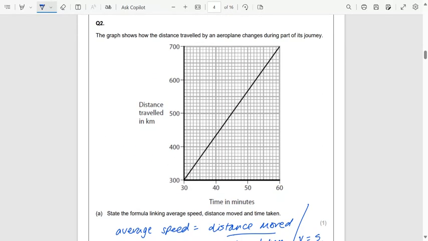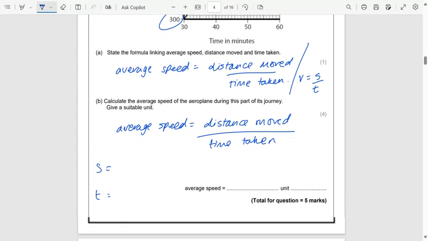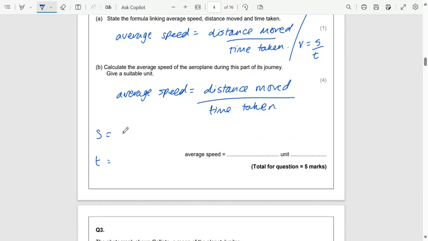The distance moved, we go from 300 kilometres to 700 kilometres. So to work out the distance moved, I reach 700 and I started at 300. So I'm moving from 300 to 700 kilometres, which is 400 kilometres.